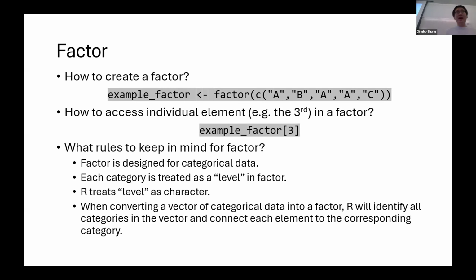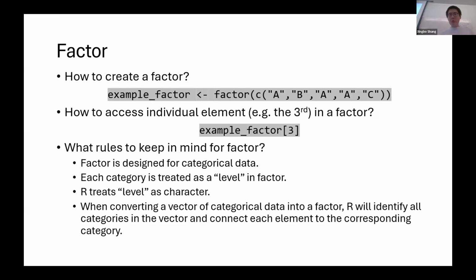Factor is designed to make it easy for you to handle categorical data. Each category is treated as something called a level in a factor. Say, for example, we have A, B, A, C. It's something like the grade teachers assign to students. So clearly there are 3 categories in it, which is A, B, and C. Each category, please note category, not the data itself, is stored as a level in the factor.